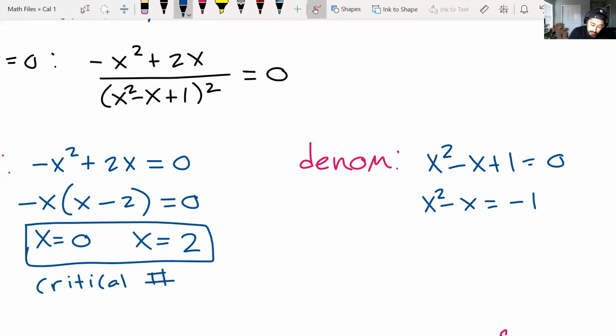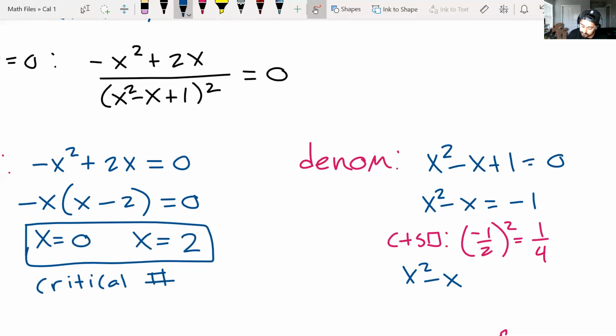Complete the square. Take half of the middle term's coefficient, which is -1, so -1/2. Square it, you get 1/4. Add that to both sides: x squared minus x plus 1/4 equal to -1 plus 1/4.